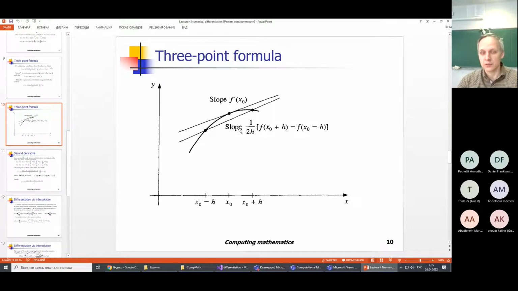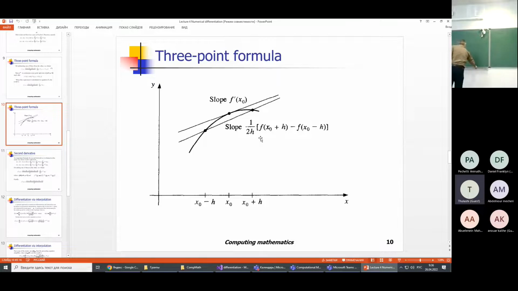This is a graphical interpretation of the formula for numerical differentiation, the 3-point formula. And again, let me explain why this formula is called the 3-point formula.